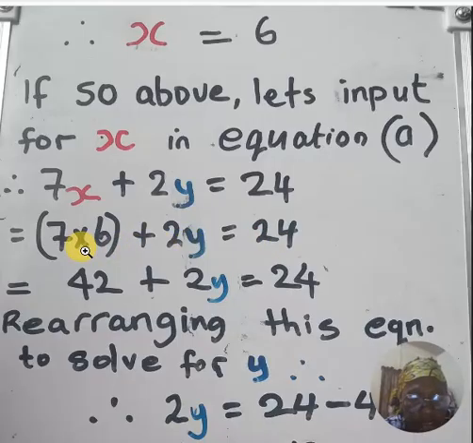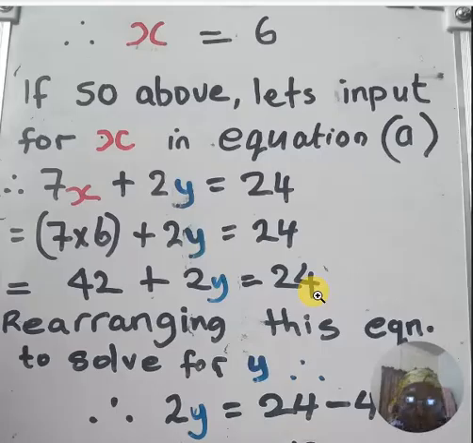So 7 multiplied by 6 will give us 42, plus 2y, which is equal to 24. Now we have to rearrange the equation and put like terms on their respective sides. So we have 42 plus 2y is equal to 24, rearranging for y. We have 2y on this side, and when we take 42 to the other side, it becomes a minus.